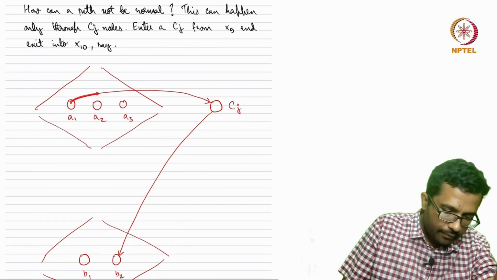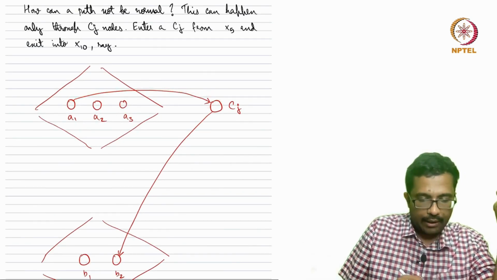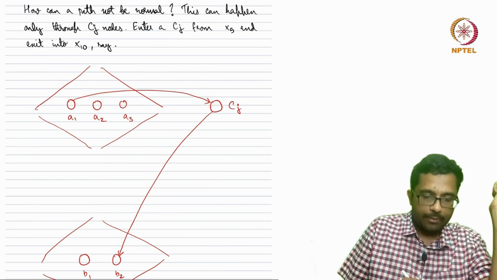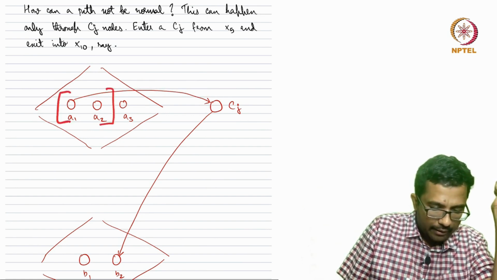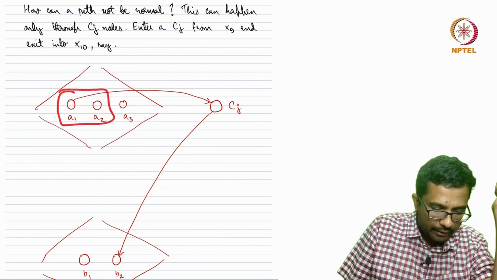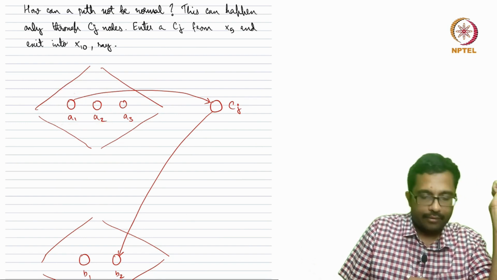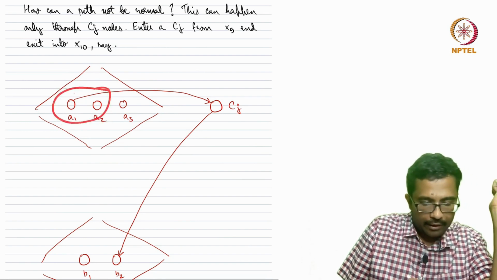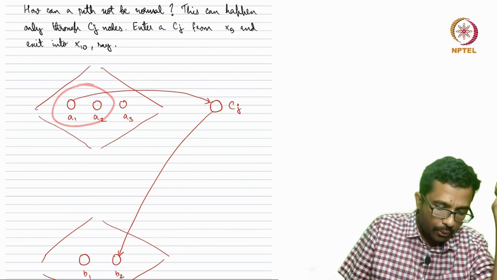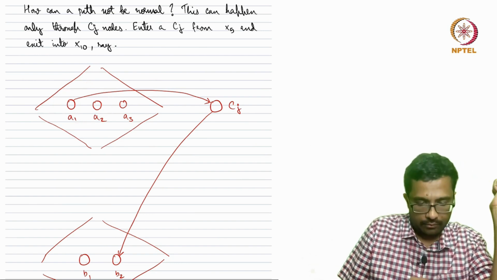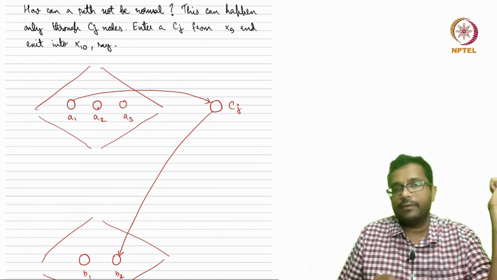If we have this arrow A1 to Cj, there are two possibilities. One is that A1 and A2 are grouped together and A3 is a separator. Now the question is how are we going to come back to A2? At some point A2 needs to be covered if it's a Hamiltonian path.